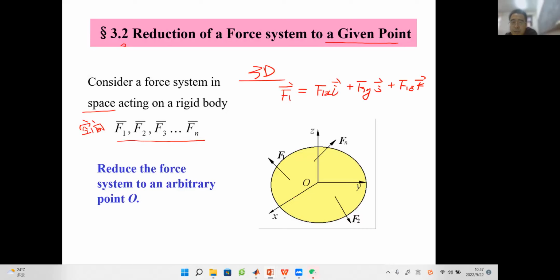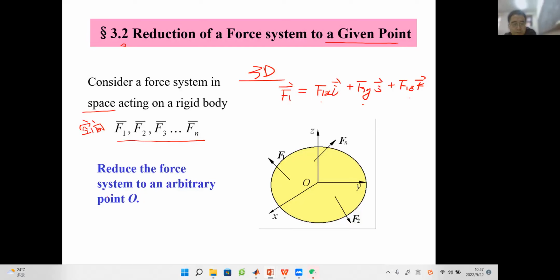We have F1x i, F1y j, and F1z k. This means the force vector has three components along the three axis directions, right? Each can be any value, positive or negative, so together they denote any direction and any magnitude of force in space, right?